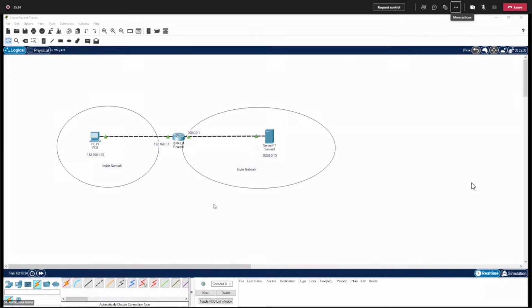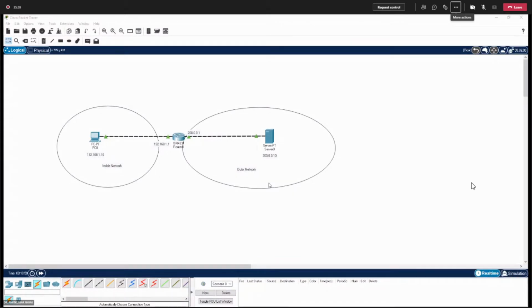So in the inside network we used to assign the private IP addresses only, and in the outer network, if you consider the case of server or the router, then we used to assign public IP addresses to the server.